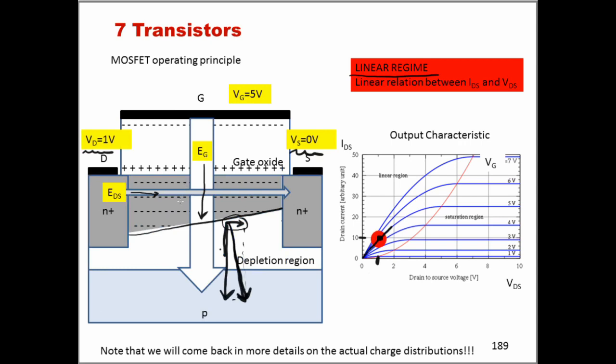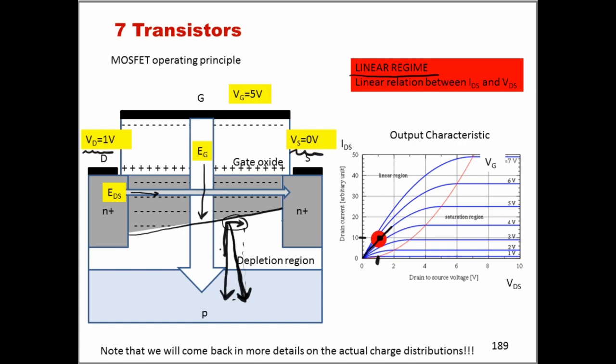While we were qualitatively discussing the transistor, we had drawn the inversion layer under the influence of a certain positive VD in a way that showed the inversion layer being pushed towards the drain. We had said already at that time that we would look into more details of what is really happening, and what we said at that point in order to qualitatively understand what is happening is fine.